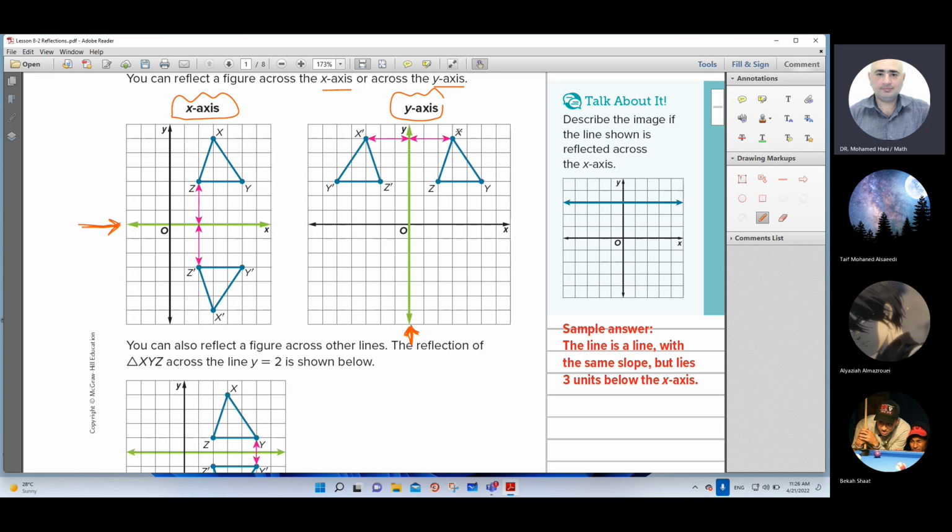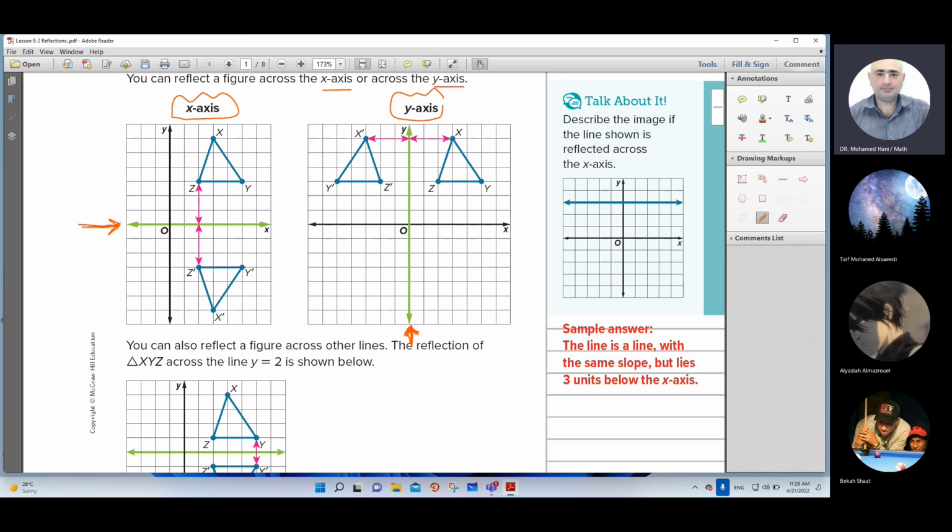We have this triangle XYZ, and this is the reflection, triangle X prime, Z prime, Y prime. The y-axis is the line of reflection.